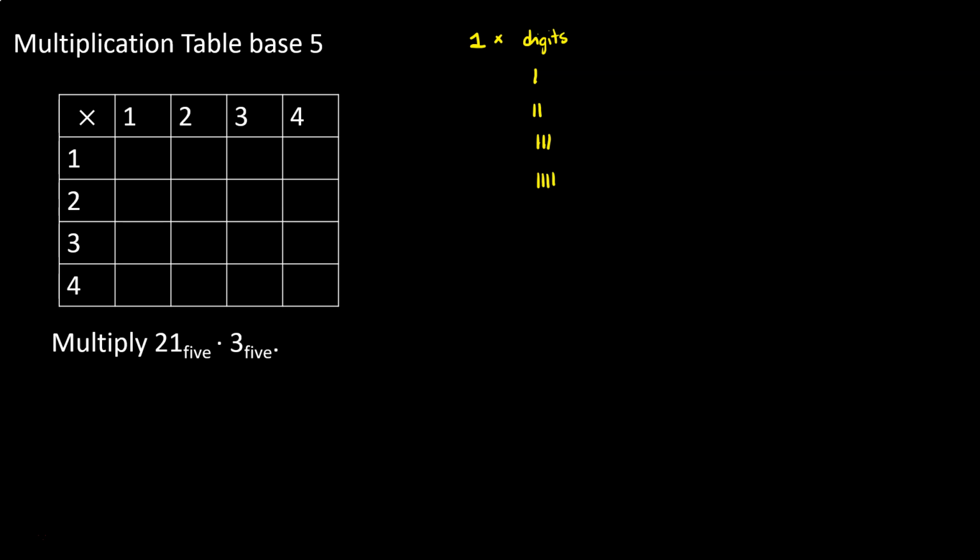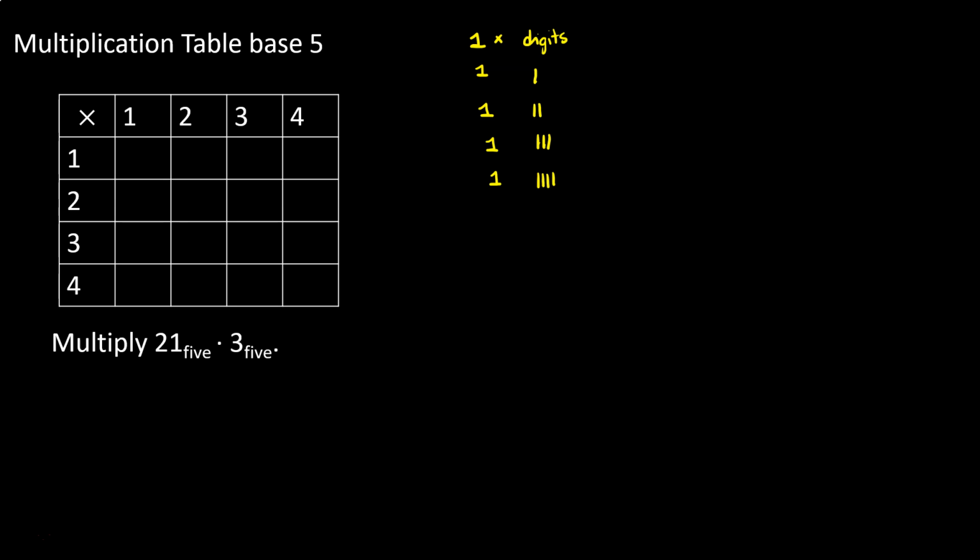I'm going to leave 0 off of this table only because 0 times anything is 0, so that gets kind of boring. If I'm multiplying 1 times any group of tally marks, I'm not actually repeating anything here.